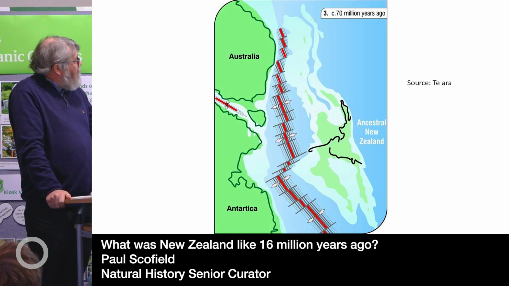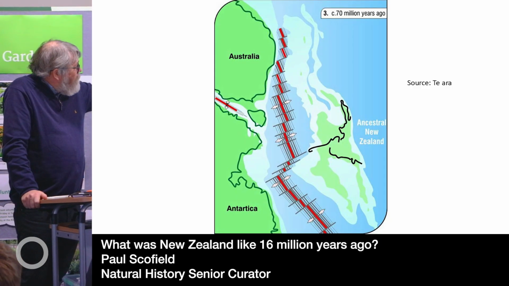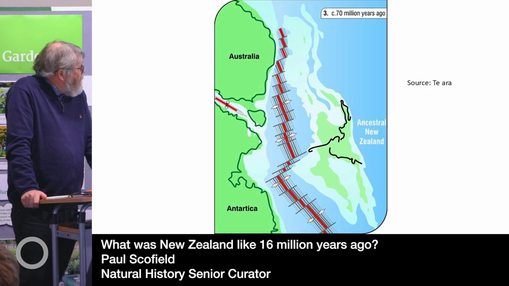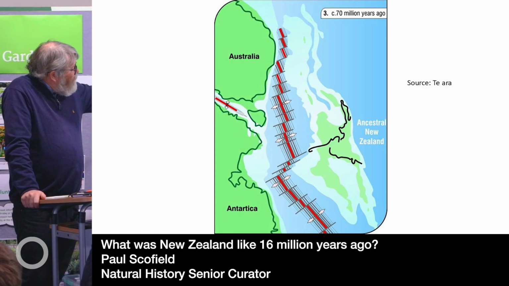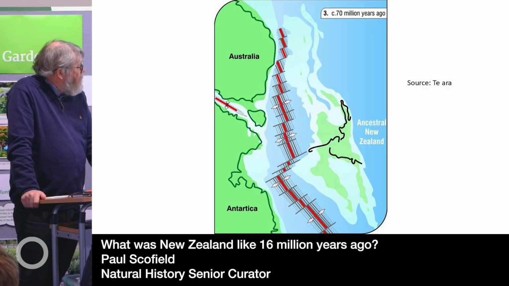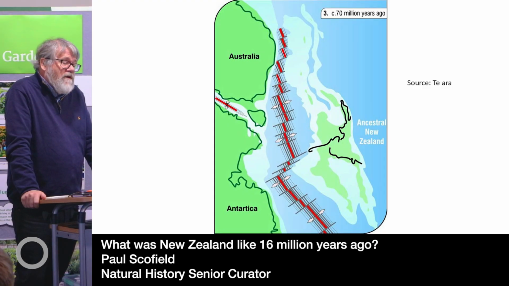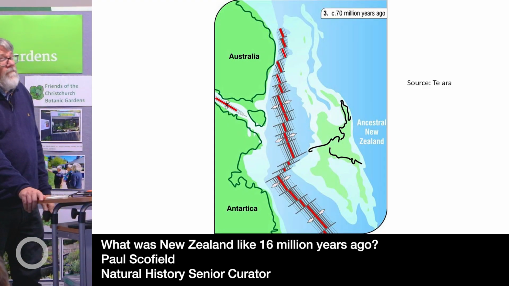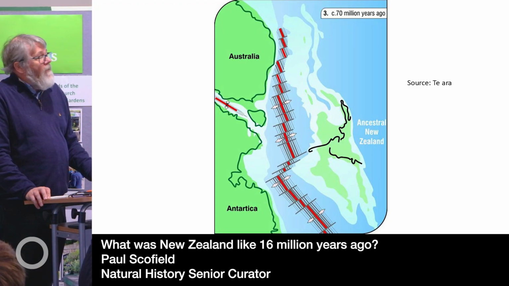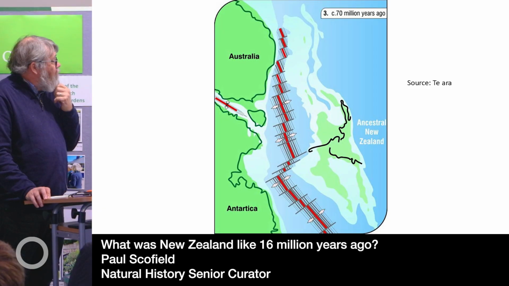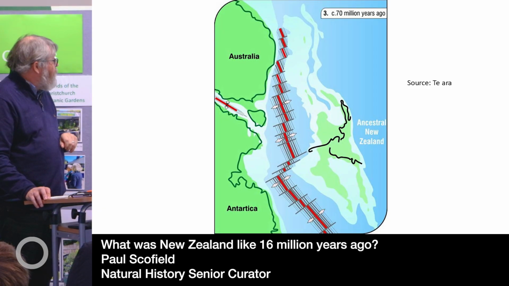You can see where we are on Banks Peninsula and the Canterbury region there was actually quite significantly offset from the rest of New Zealand. And the piece of land that you can see spreading down to the southwest there is that Chatham Rise, which is also very significant for our understanding of New Zealand's flora and fauna, because in fact the Chathams were connected to New Zealand for quite a long period of time.